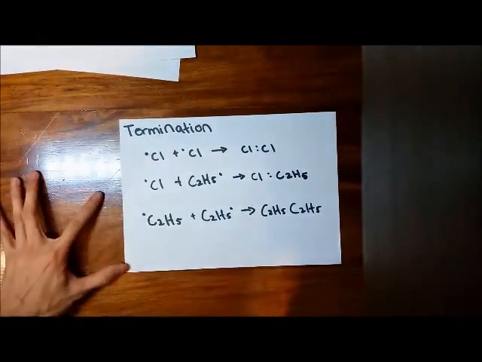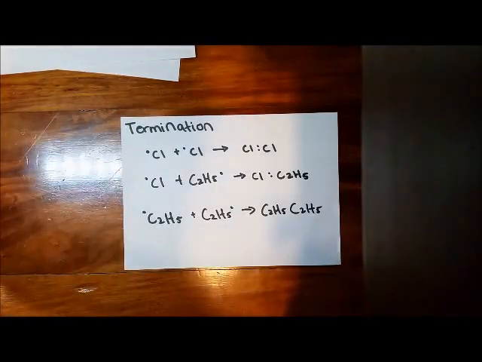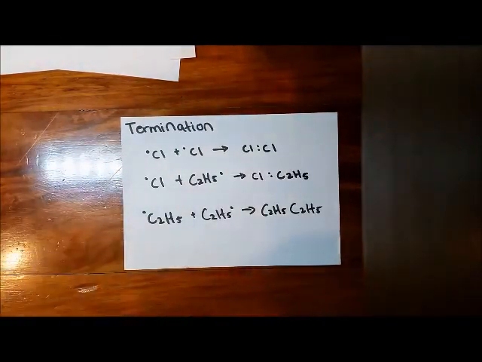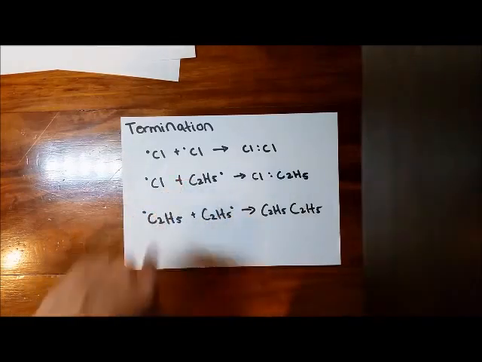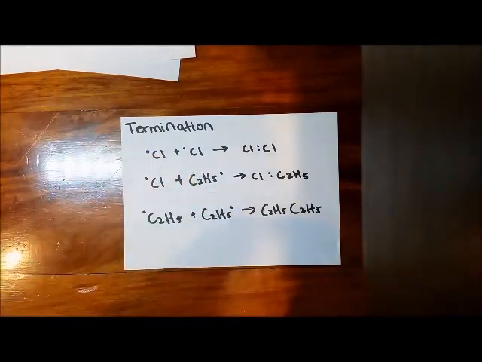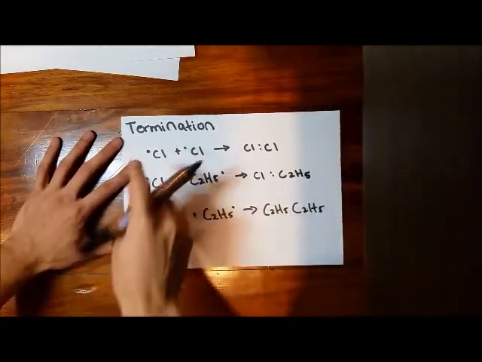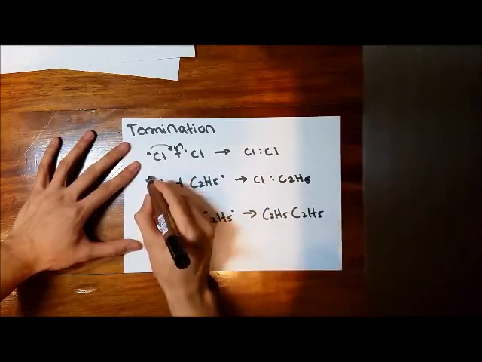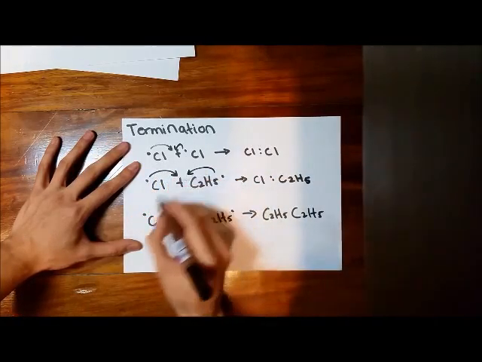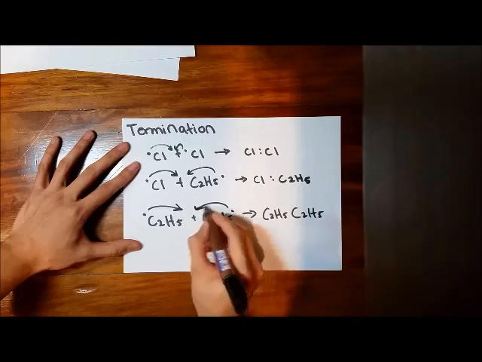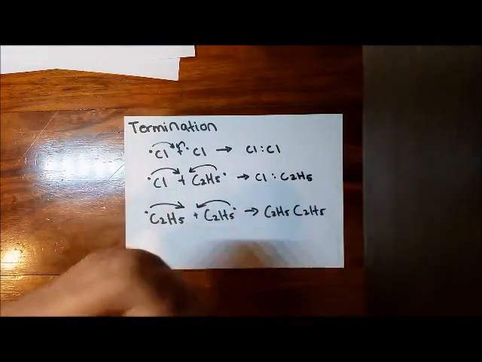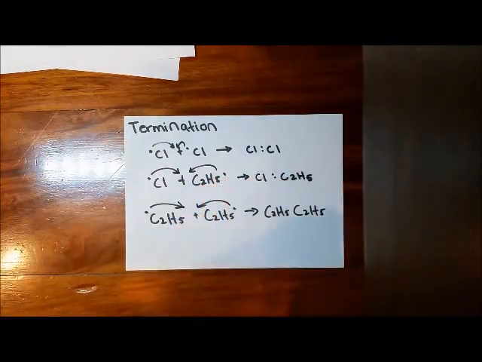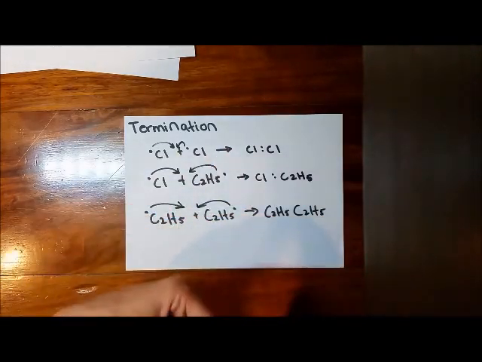There's another reaction that occurs, what's known as a termination reaction. In termination reactions, it reduces the concentration of radicals in the reaction. It slows the rate of reaction, and then eventually it stops it completely. So we can see here that all the free radicals are coming together, and thus the concentration of the radicals slows down, and this causes the rate of reaction to slow down and stop.